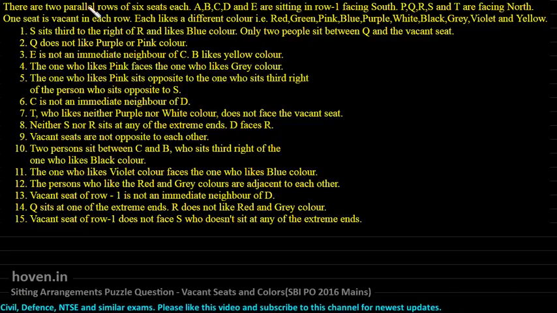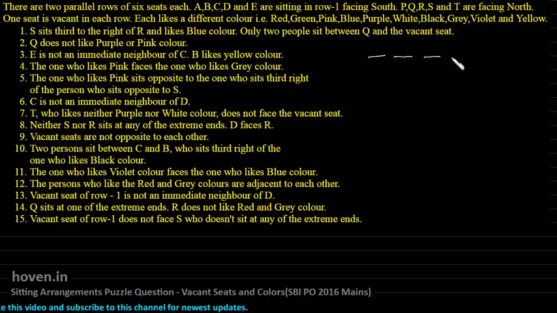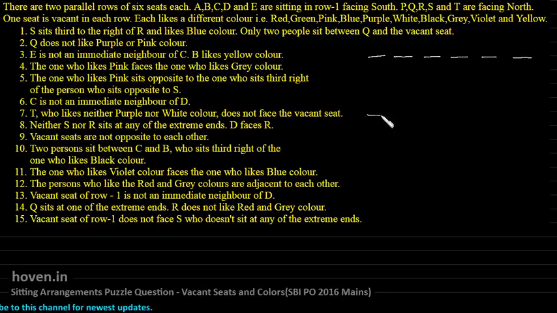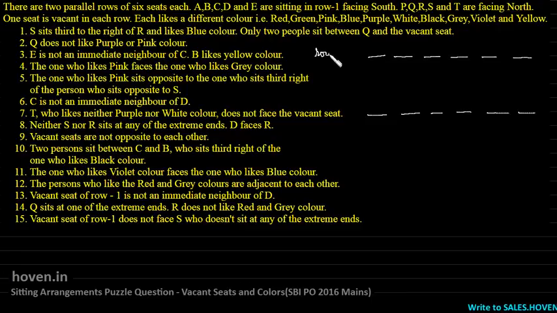There are two parallel rows of 6 seats each. So let us first of all draw those 6 seats: 1, 2, 3, 4, 5 and 6. And this is the other row, 1, 2, 3, 4, 5, 6. A, B, C, D and E are sitting in row 1, and they are facing south, so they are all facing in the downward direction.